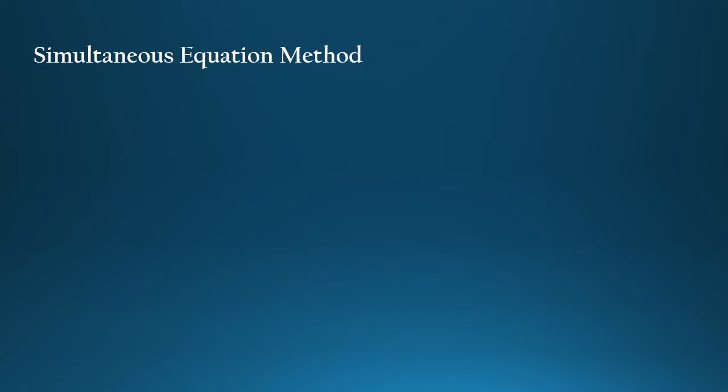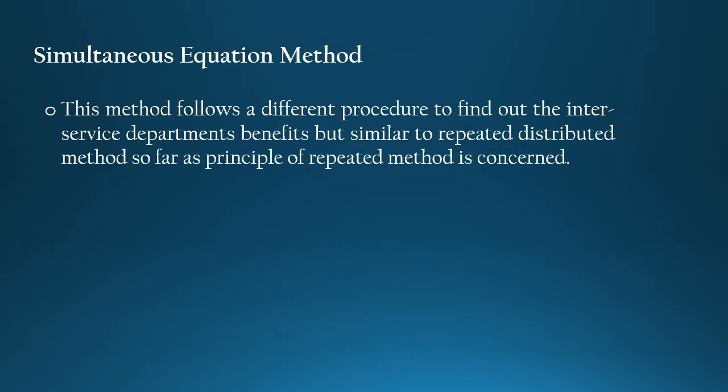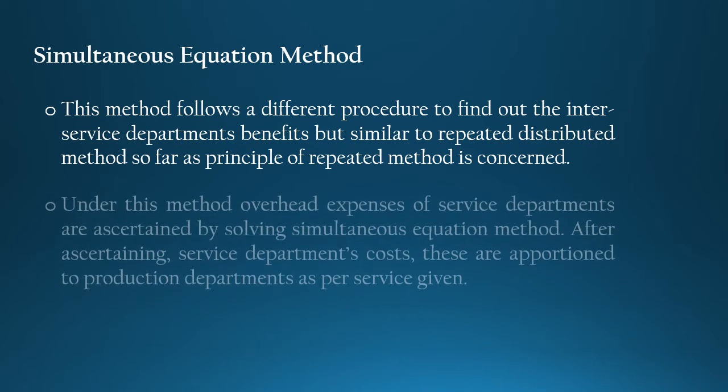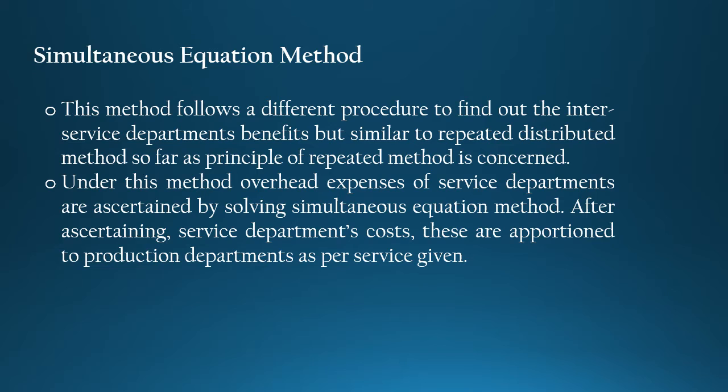So let's see what the simultaneous equation method is. This method follows a different procedure to find out the inter-service department's benefit, but the principle is similar to the repeated distribution method. Under this method, overhead expenses of service departments are ascertained by solving simultaneous equations.